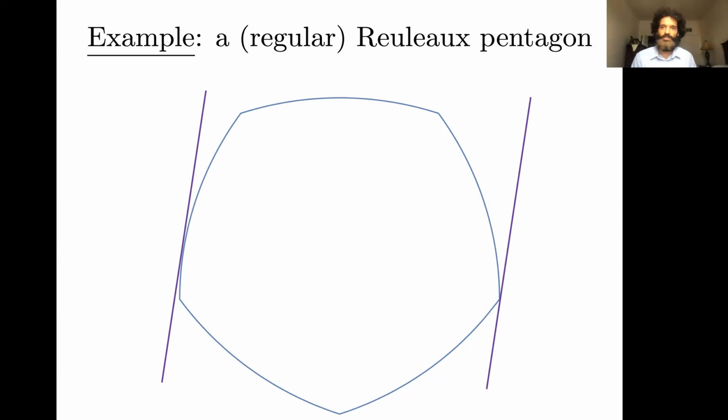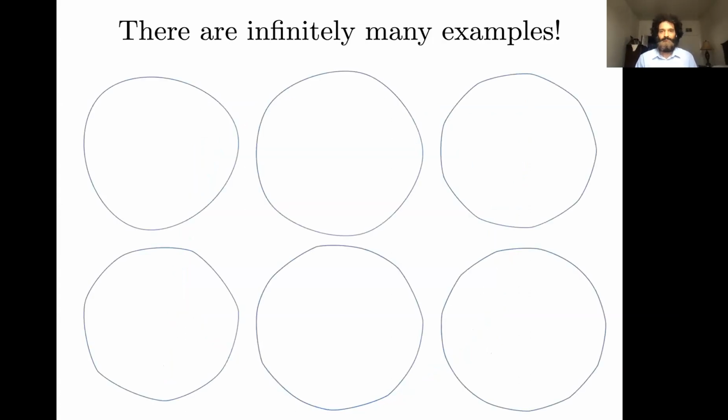It's a little bit easier to draw the regular ones on a computer just because there are fewer parameters to deal with. And as you may have guessed, from what I said about how for any odd number I can find a regular Rouleaux polygon, it's clear there are infinitely many examples.